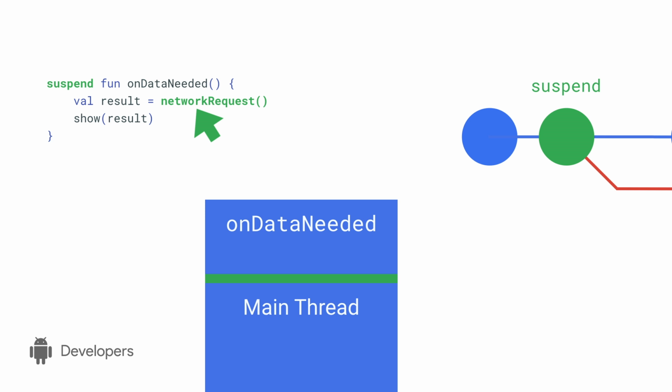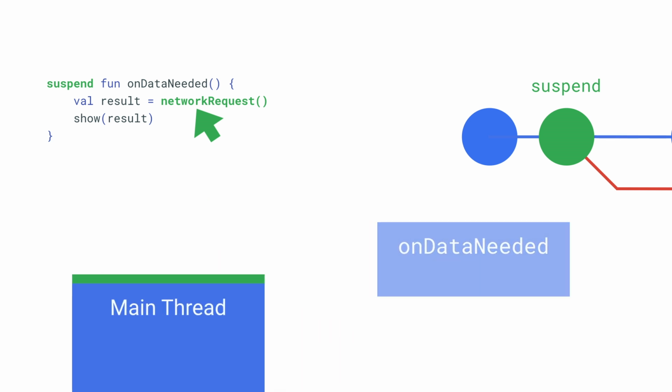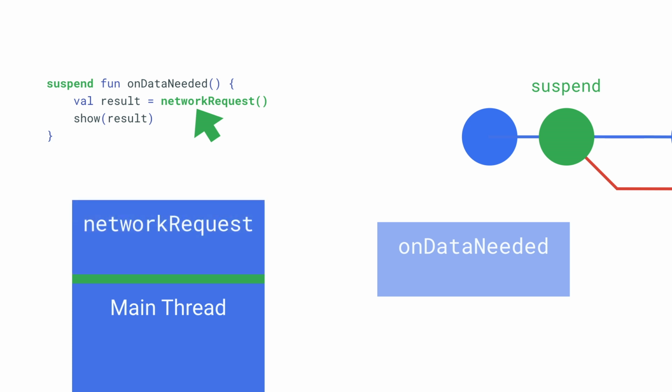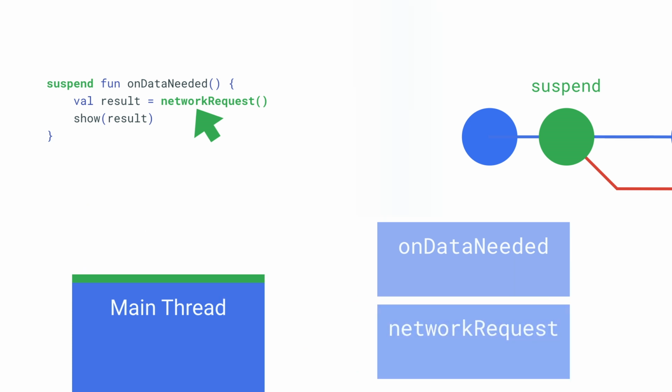Before it calls the suspend function, it will copy the current state for later. And that's how Kotlin implements suspend. You can think of this state as a callback that knows how to resume the current function. Then Kotlin will run network request until it suspends itself to make the network call. Now at this point, all of the coroutines on main are suspended, so main is free to handle UI events.